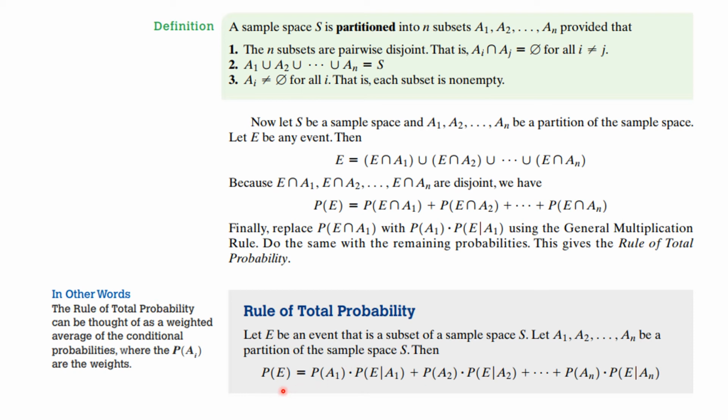Then probability of E is given by this sum, because these are the probabilities that is in each of those disjoint spaces as shown up here. Now, that might be complicated, and I like what Sullivan does with this. In other words, the rule of total probability can be thought of as a weighted average of the conditional probabilities, where the probabilities of each P of A_i, where those are the partition elements, are the weights.